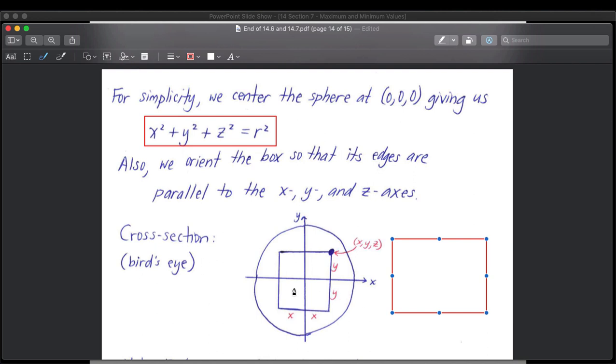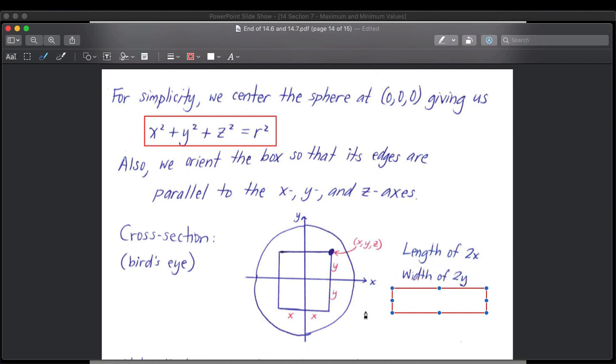And because of this, since I centered the sphere at the origin, and I created the box in such a way where the edges were parallel to the x and y axes and also the z axis, I think we all can see that the length of the box is 2x lengthwise.